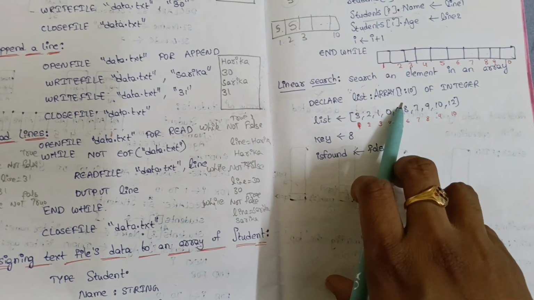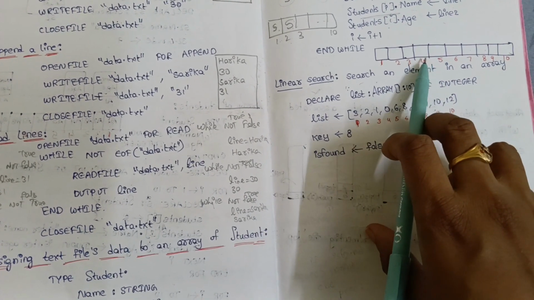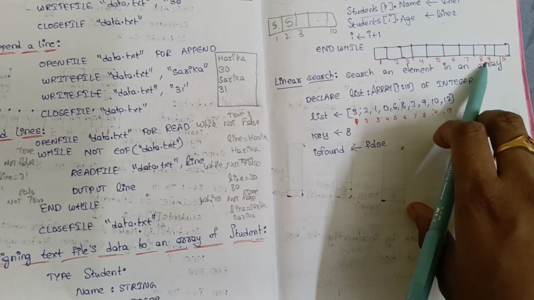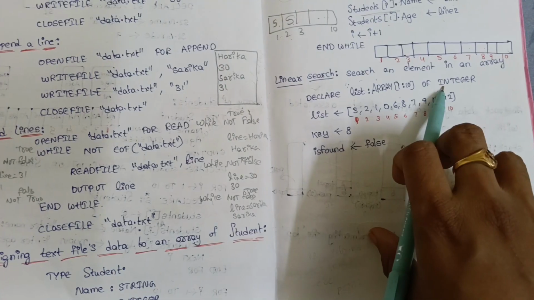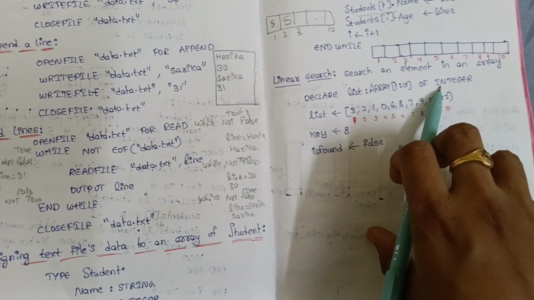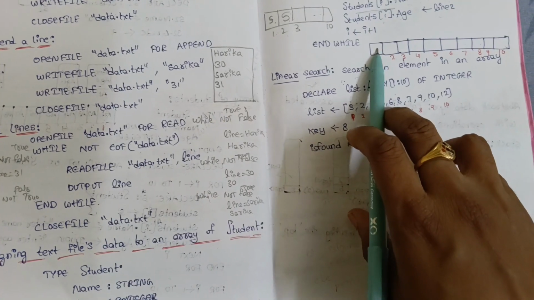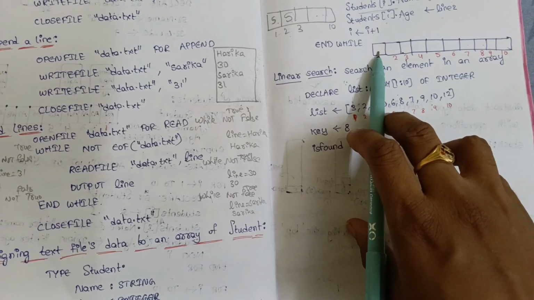When you write this statement, immediately in the memory, the system will assign 10 continuous memory spaces to hold the elements of the array. And as we declared this of type integer, the computer will provide each memory space with the capacity of an integer.